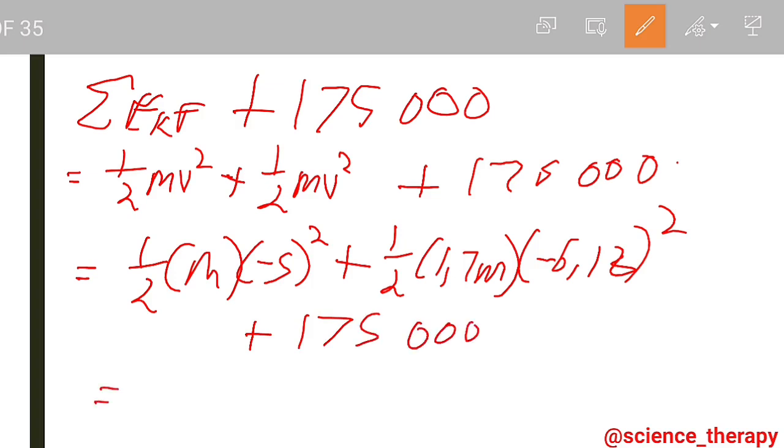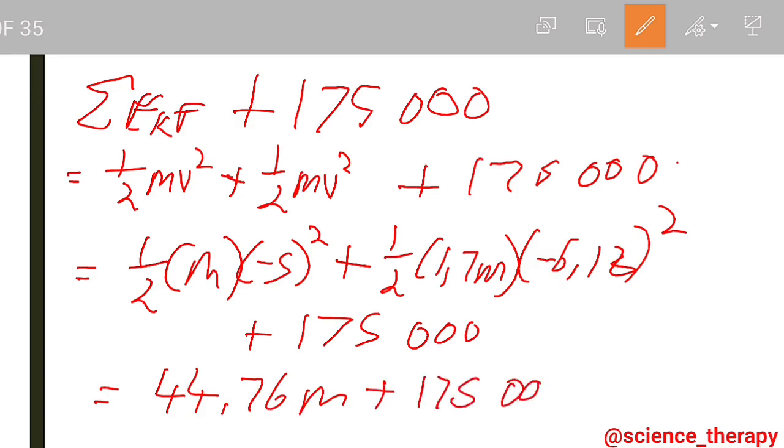So now having to punch that in the calculator, we have 44.76 m and plus 175,000, right?